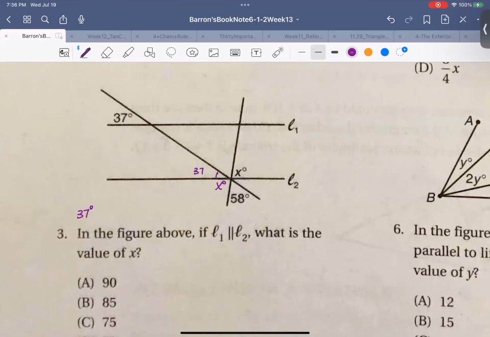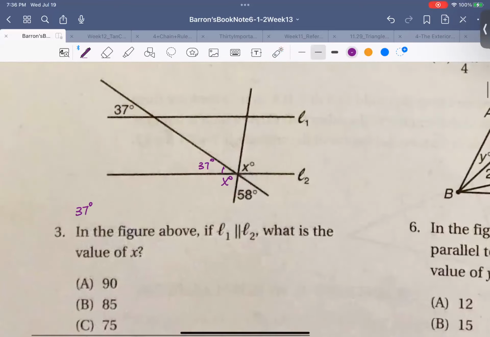Yes. Or you can say this is the same side exterior angle. This is same side, this is exterior. So you can do this plus this directly. It's going to equal 180. Does that make sense? Yes. Let's solve this, please.